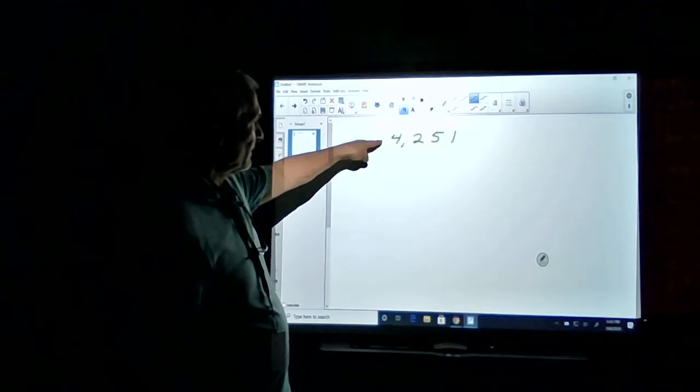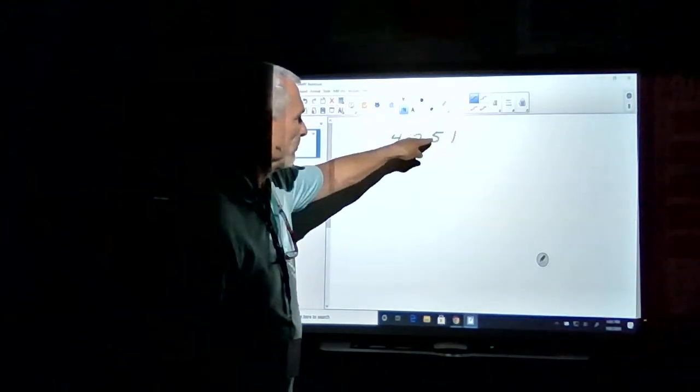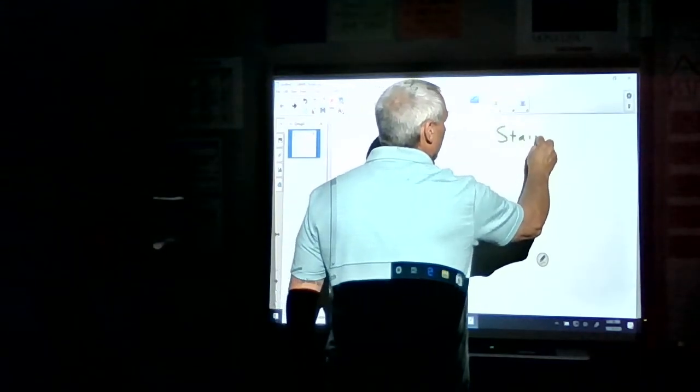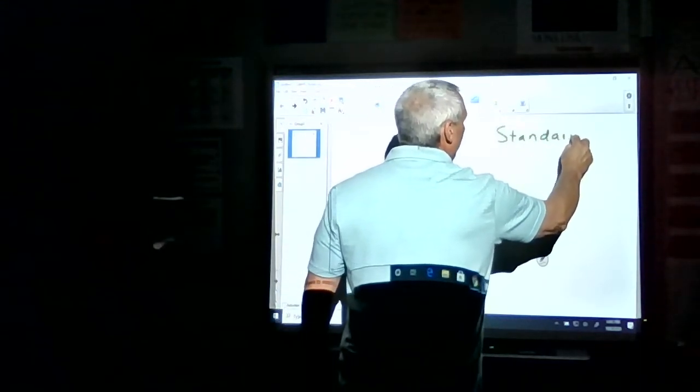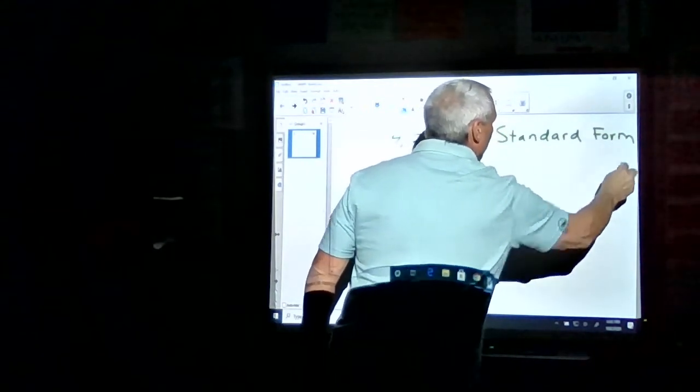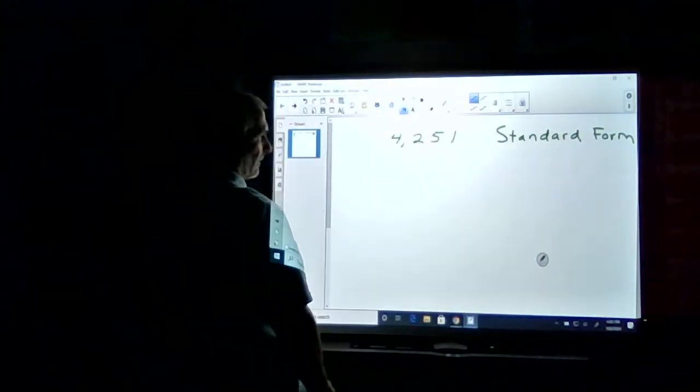We call this the standard way of writing a number. It's called standard form. That's how we normally do it. But we can also do it in what's called expanded.